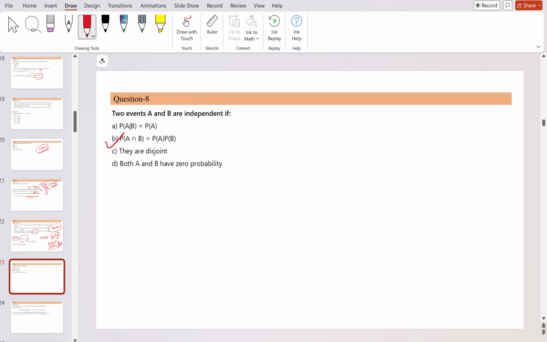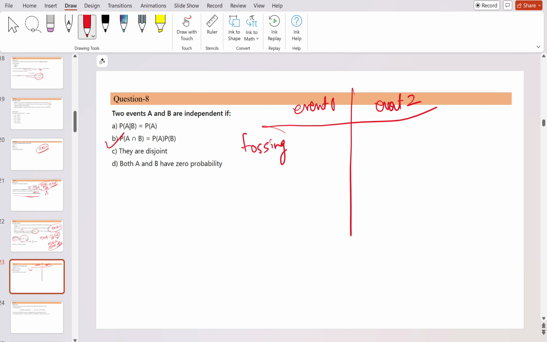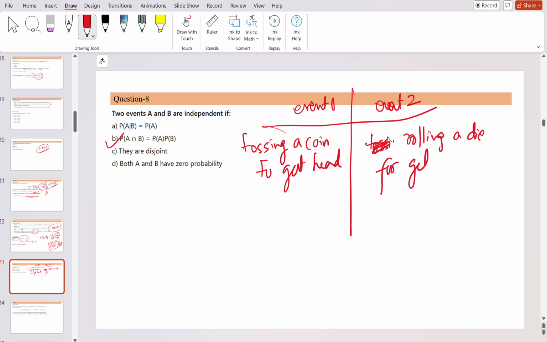What the question is saying is, suppose I take event 1 and event 2. Event 1 is tossing a coin to get a head. Event 2 is rolling a die for getting 6.